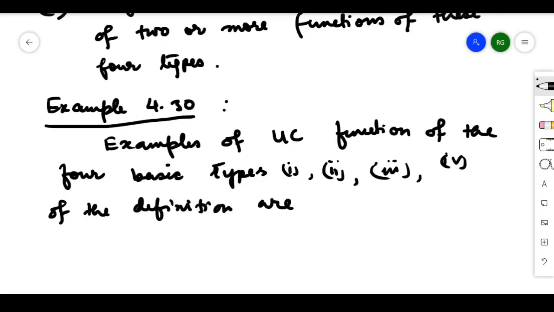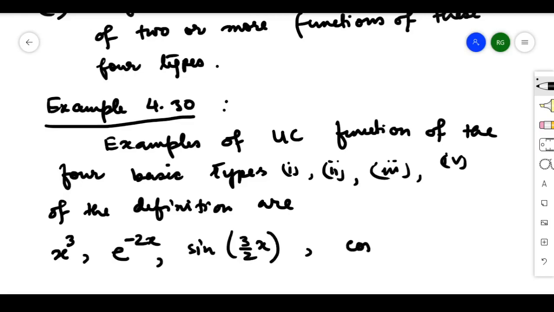First type was x to the power n. So if I take in particular n equal to 3, then I shall get x cube. Then second type was e to the power ax. So if I take a equal to -2, then it is of second type. Then third type sin bx plus c. So if I take b is 3 by 2, c 0. Then cos of 2x plus pi by 4, means here b is 2 and c is pi by 4. So this is of type 1, this is of type 2, this is of type 3, this is of type 4.